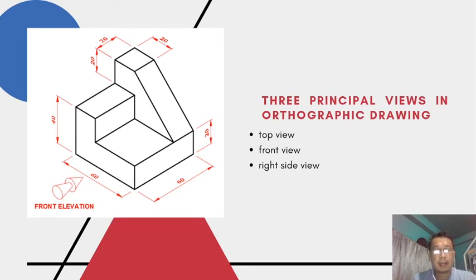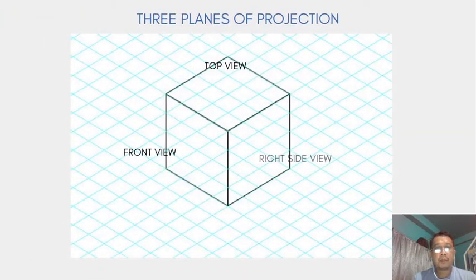Analyzing this isometric drawing, there are 3 possible views: the top, the front, and the right side view.